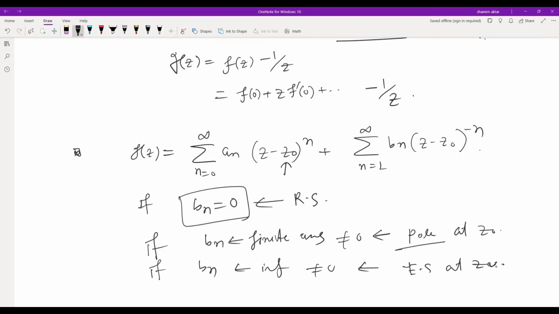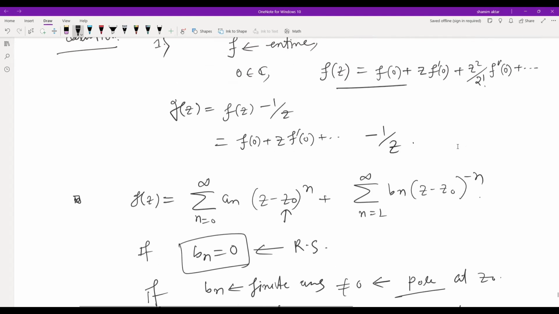Clearly here, only a finite number of terms is non-zero, the 1/z term. So at the point 0, g(z) has a pole, so the first option is true.